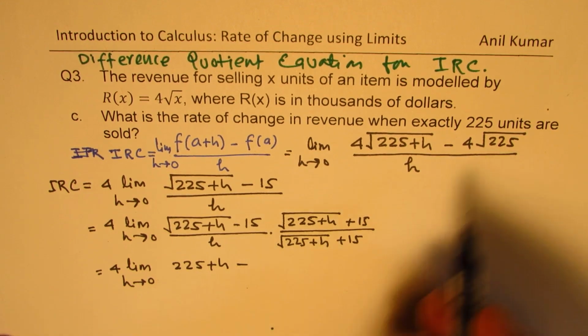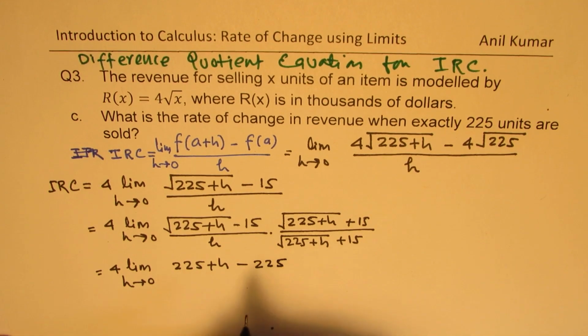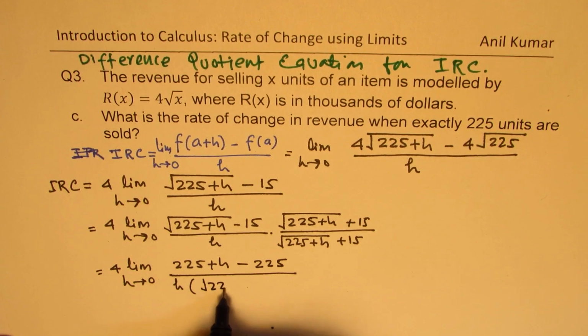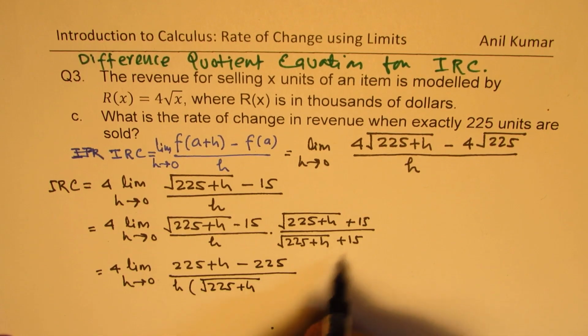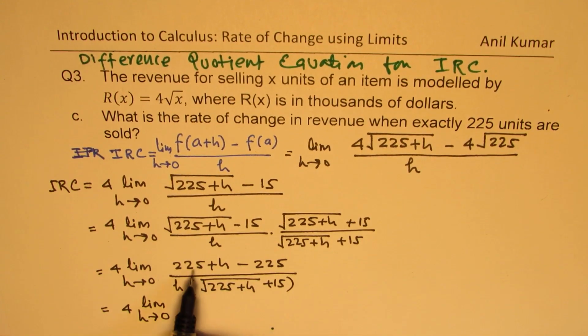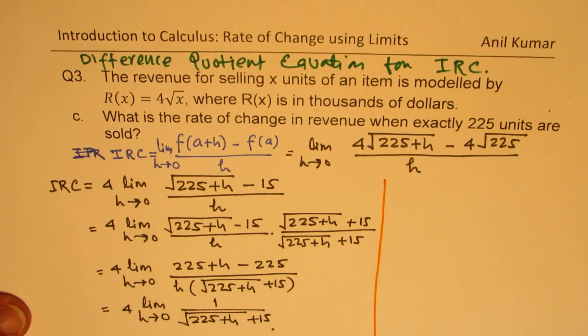So we have 15 squared, which is 225, over h times square root of 225 plus h plus 15. Now 225 minus 225 is 0, h and h cancel, so we have 1 over square root of 225 plus h plus 15. Correct?